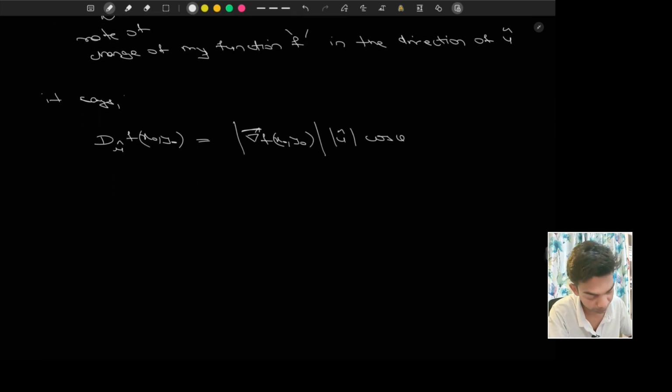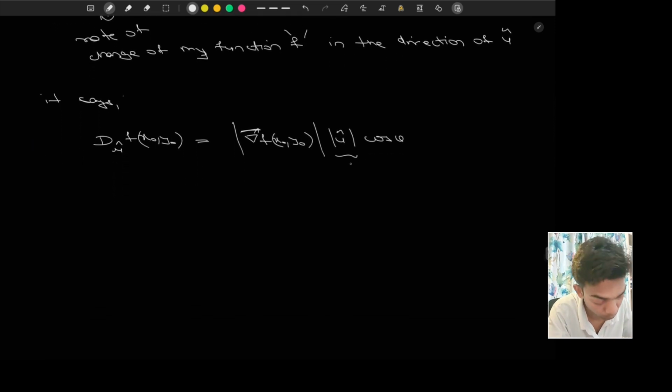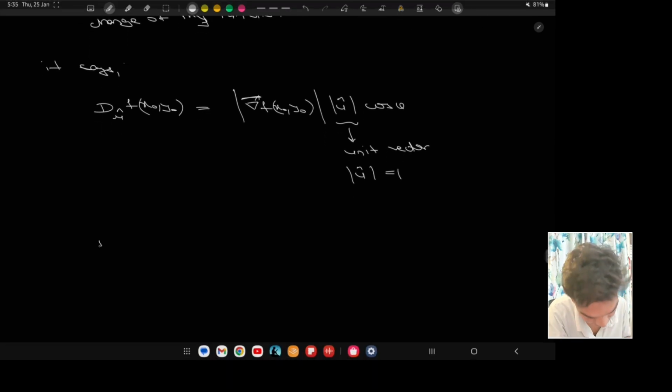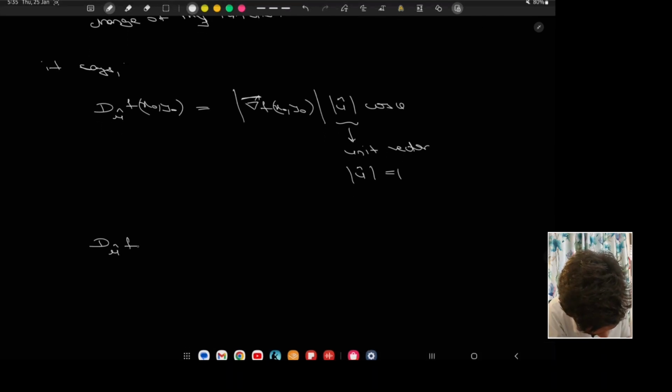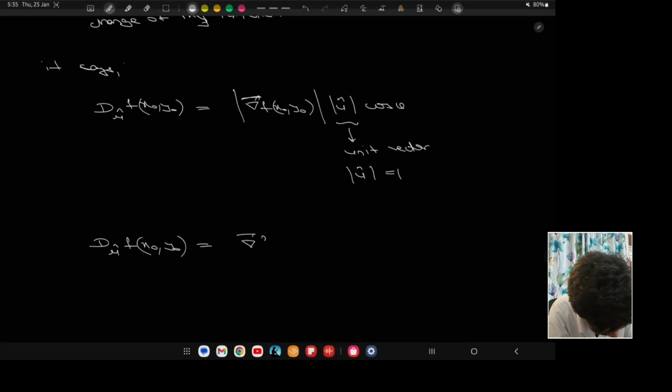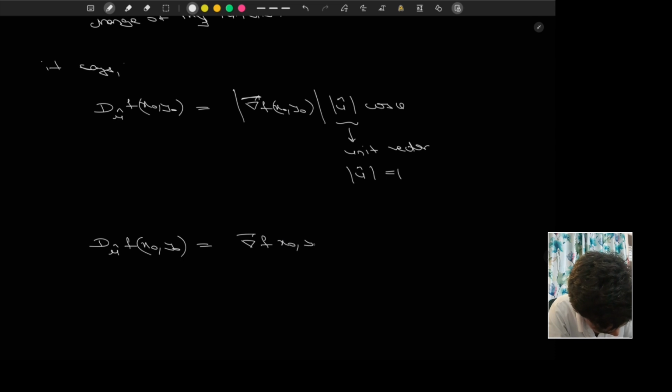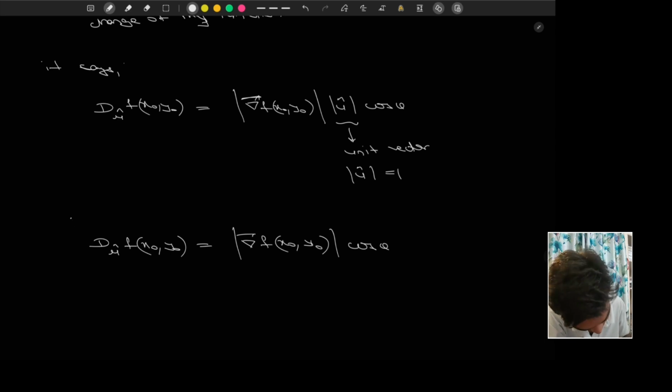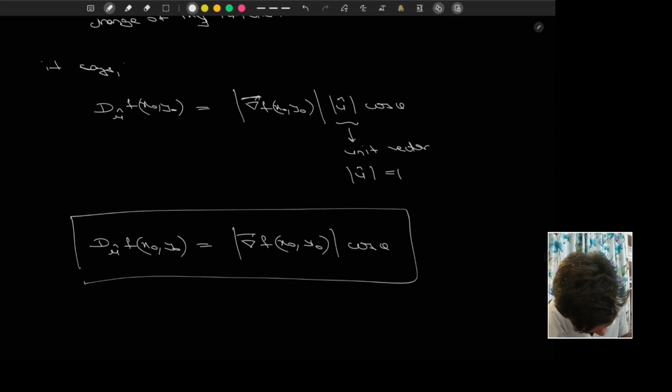Since my u is a unit vector, mod of u is equal to 1. Therefore I get the directional derivative in the direction u at a point x0 y0 of the function f is nothing but the magnitude of gradient times cosine of theta. This is also an important equation.